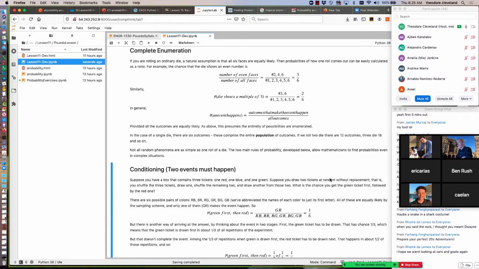These comprise the entire population of outcomes, and population is bold-faced for a reason. If we roll 2 die, there's 12 outcomes, 3 die, 18, and so on. That's assuming we're counting up the numbers on the die. So as we get more dice, we can increase the population of outcomes.